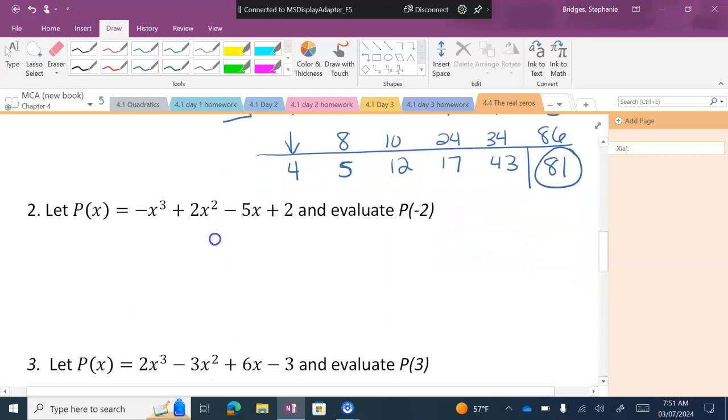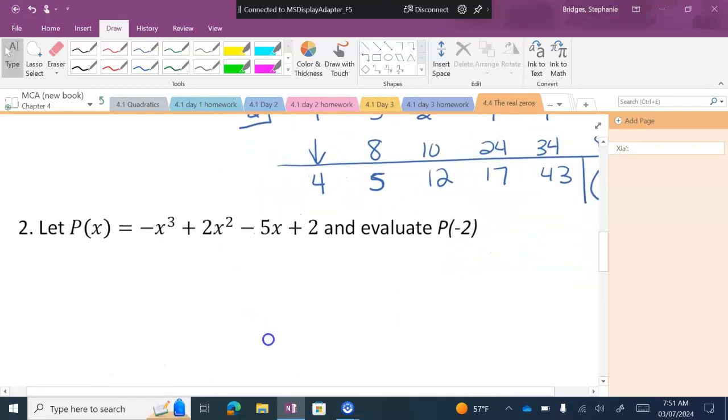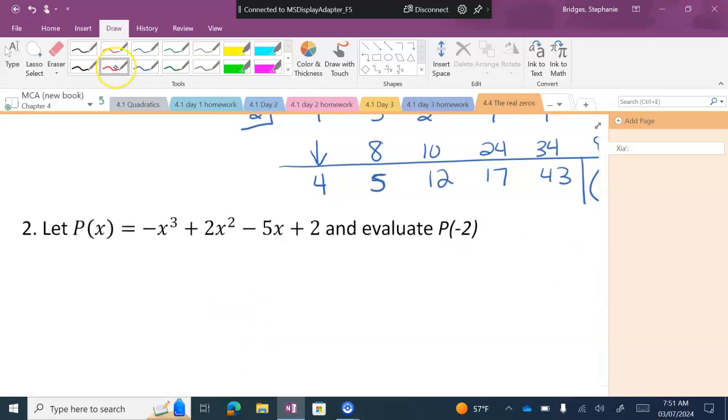Okay, I'll do both. All right, so if we plug it in, again, this is a negative, so you got to be very careful too with this.